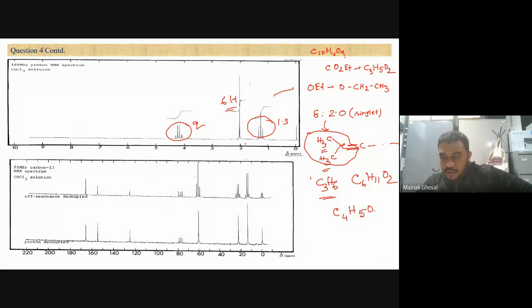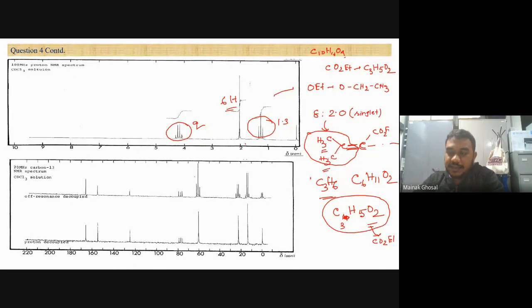And in 1H NMR you can see no other patterns. You have 2 oxygens and you need to utilize them. If I subtract 1 carbon from here, making it 3, you can expect that this is nothing but CO2. So if it is present like this, that is the only possible way to satisfy the structure.